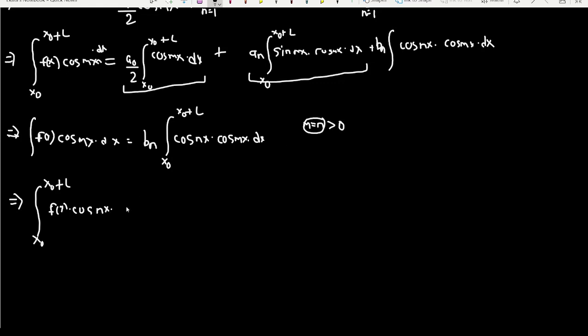Okay, because I have assumed that n is equal to m, this gives bn, and this integral becomes L by 2, where L is the time period. Remember, these types of integrals were introduced in the first video, but the exact evaluation of how we can solve this integral is going to be in the next video.